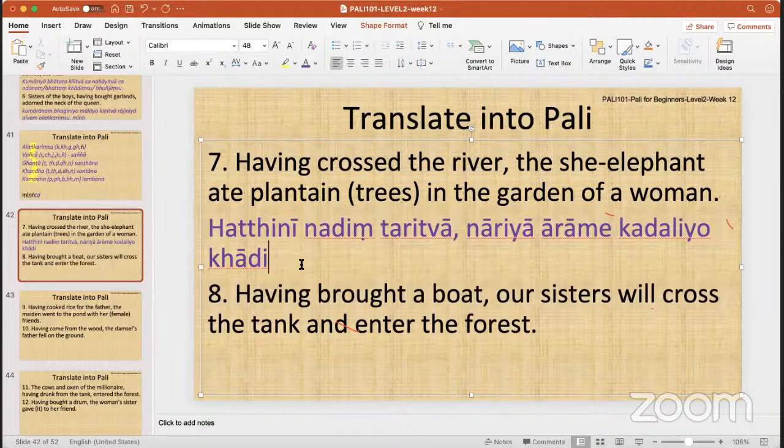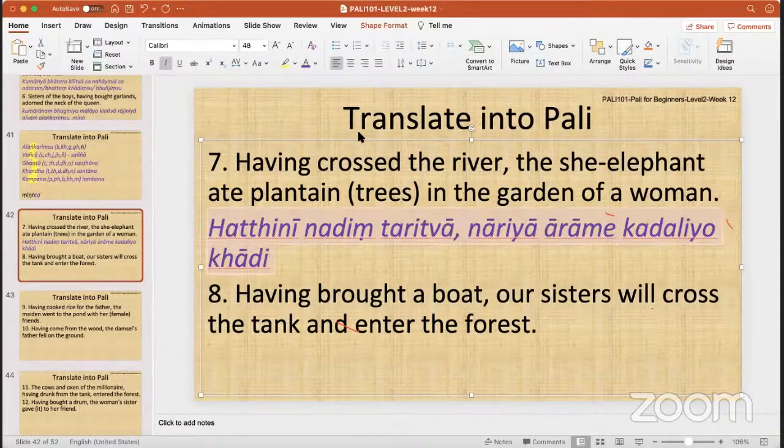Or if you use nadin taritva, then we don't need a comma. Narya arame, in between we had that because we take this out. This one is even more appropriate, although the other one is not wrong; this is more authentic. Hathini nading taritva narya arame kadaliyo khadi. Is everyone clear with that?